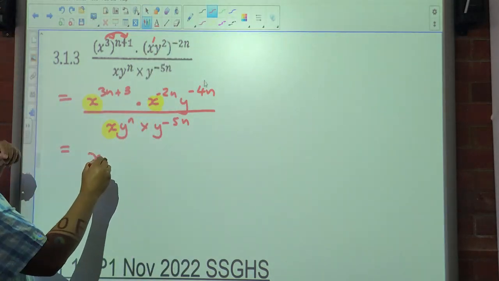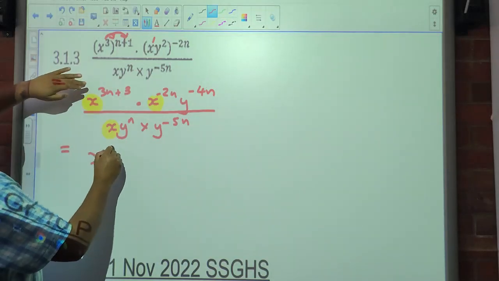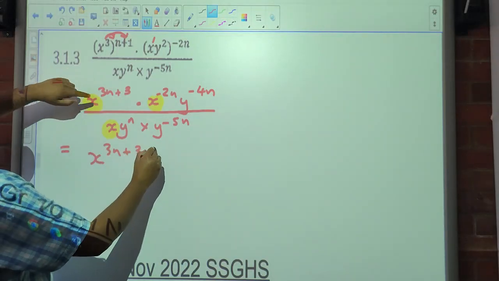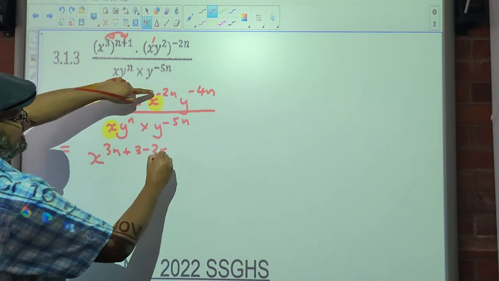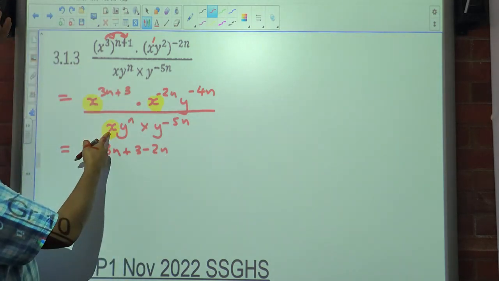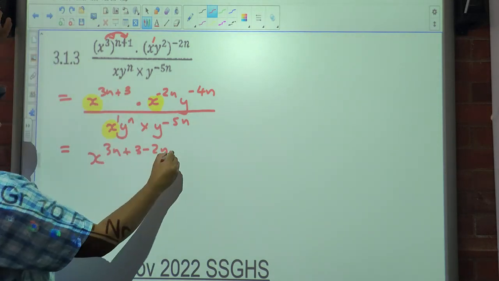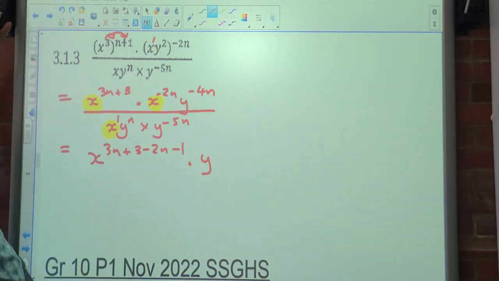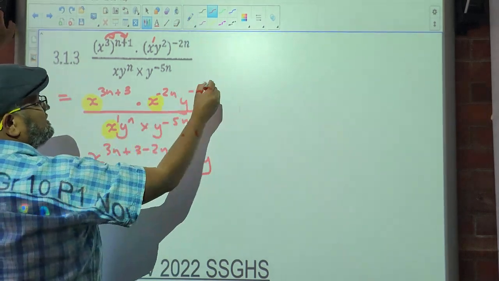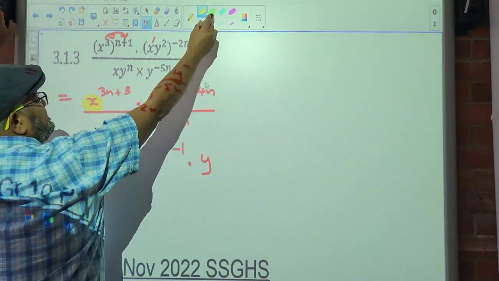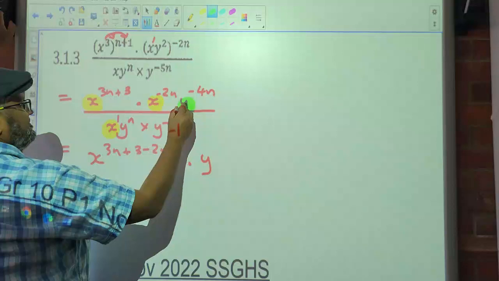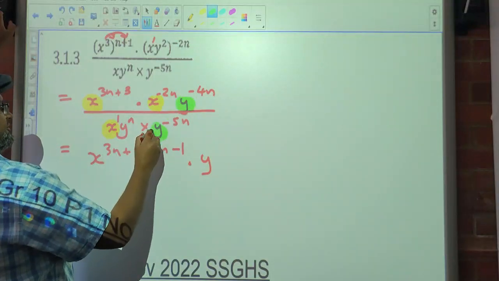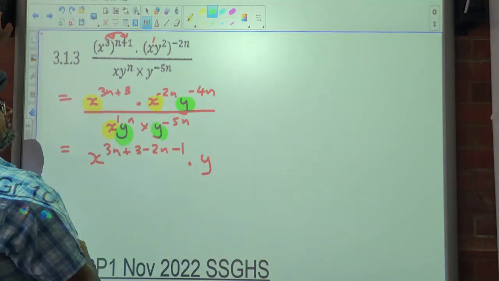So we've got x to the 3n plus 3 plus negative 2n minus 1. Do you all agree with that? Times y. So only the exponents with a y can be brought together. You all agree with that?